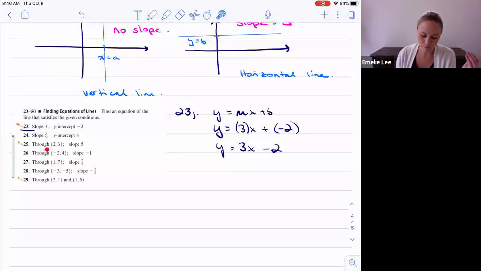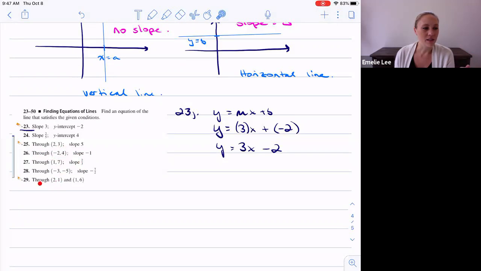The next few problems are going to be point slope form, right? So you're given some point and it's not the y-intercept anymore, and you're given the slope. That's when you're going to use that point slope form of the line.